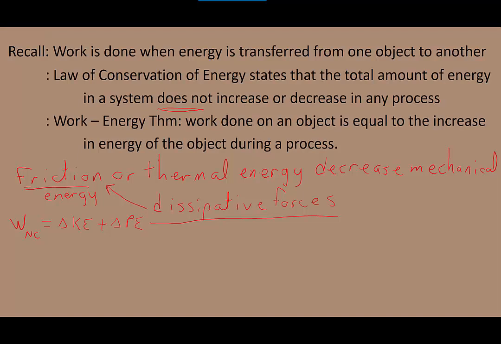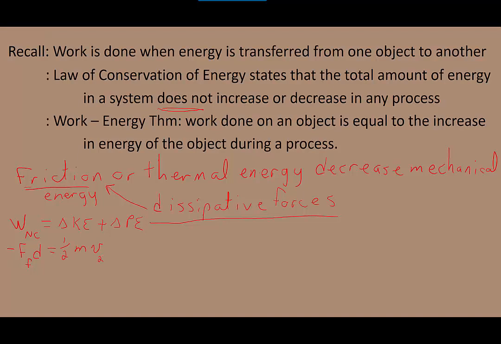Keep in mind that we now know that non-conservative work is due to friction, and therefore it is equal to the negative force of friction times distance, and it's negative because it's going to be in the opposite direction of motion.